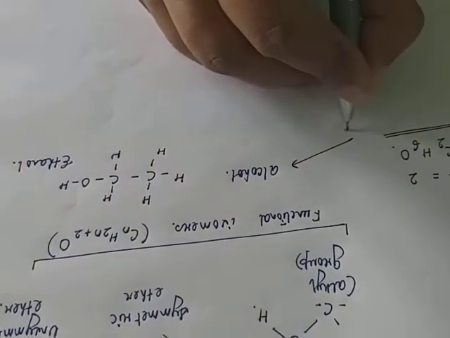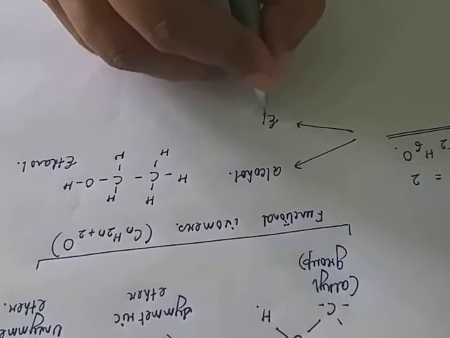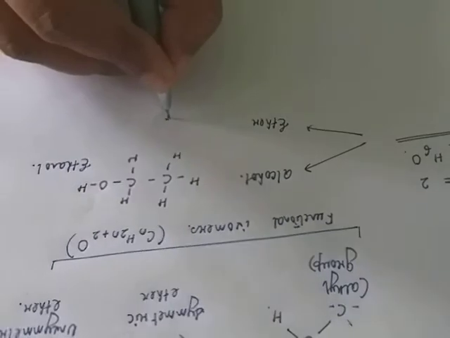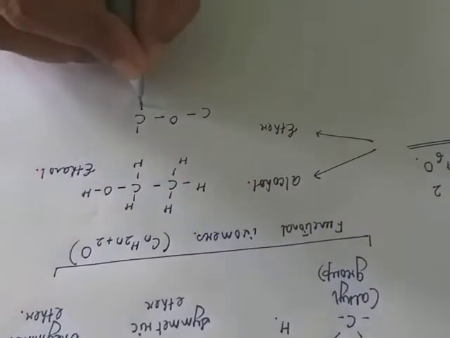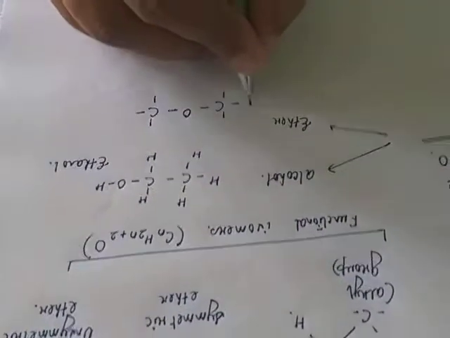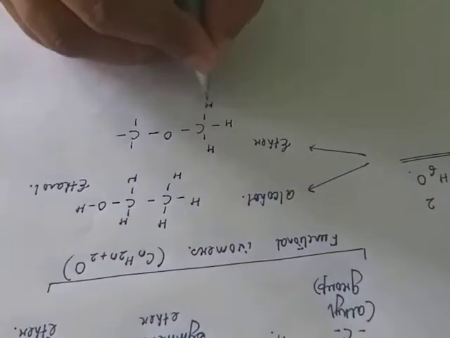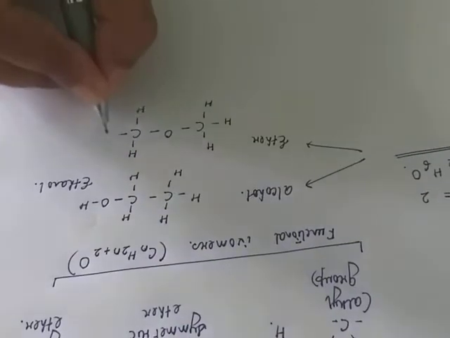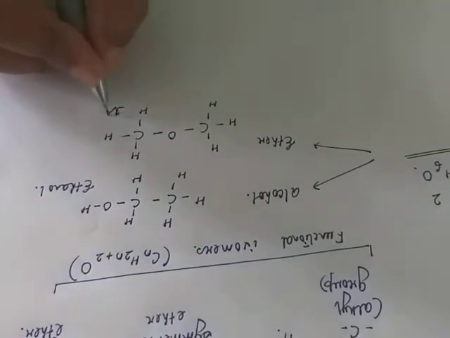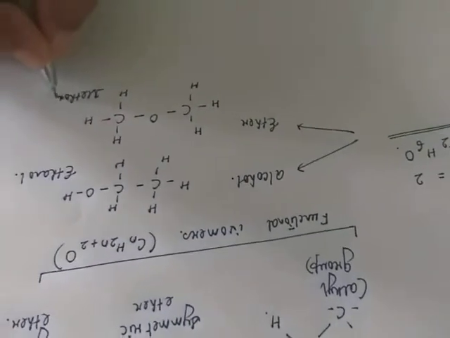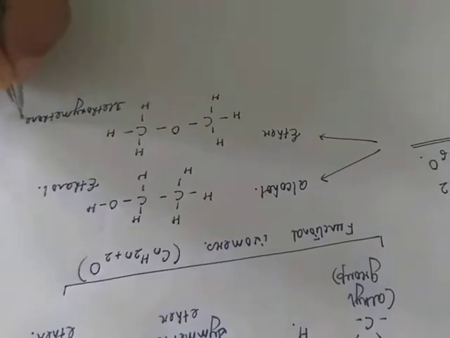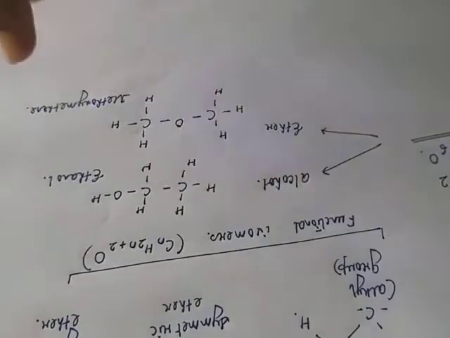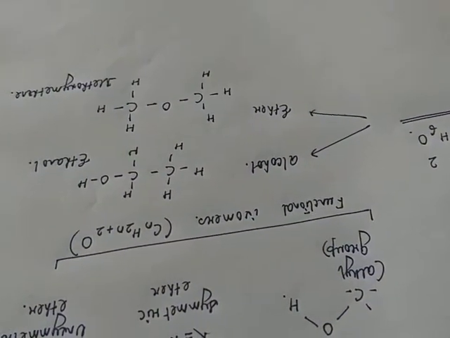Another could be an ether with divalent oxygen as the functional group to satisfy the tetravalency. This is methoxymethane, or dimethyl ether, the common name, and the common name of the alcohol is ethyl alcohol.